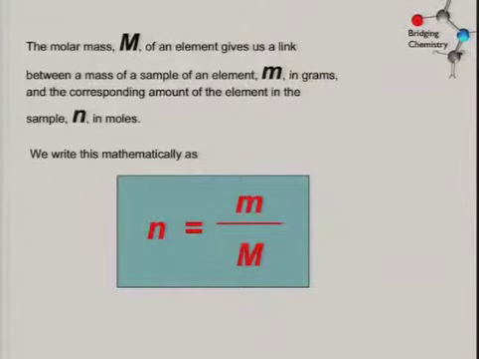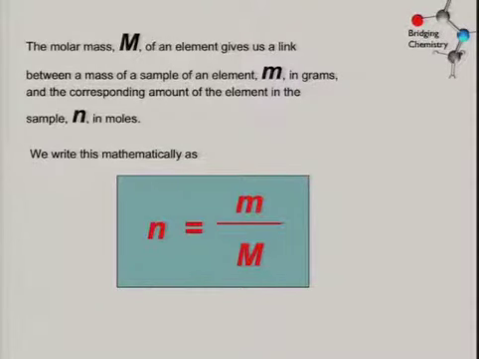And so you need this link between the mass of stuff that you weigh out and the amount of stuff in that sample that you've weighed out. And so we get this formula, which is probably the key piece of math that you're going to have to know. If you can't use this formula in your sleep, then at some point it's all going to come apart for you, right?